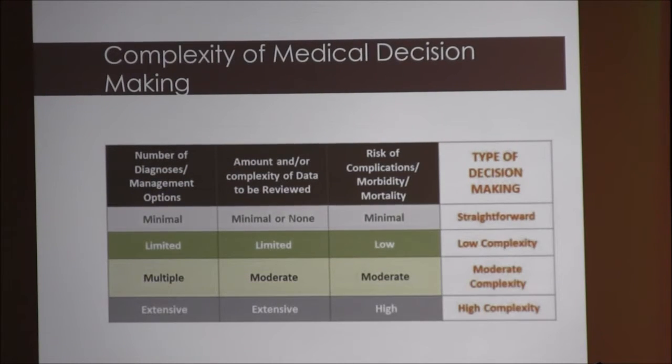So, the number of diagnoses is one of the postulates for medical decision making. The data that's reviewed is another postulate. And the risk for complications in morbidity and mortality.